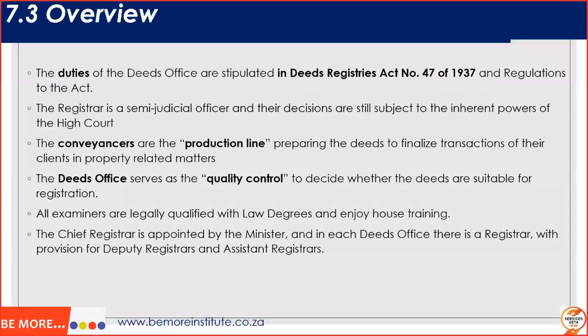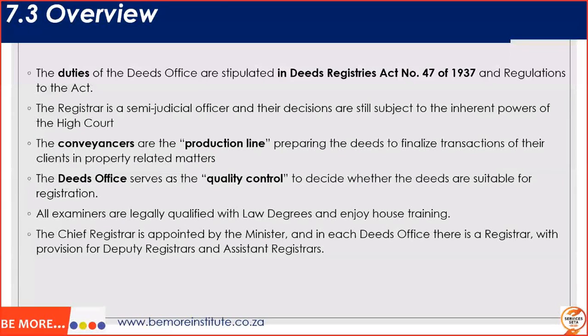The duties of the deeds office are stipulated in the Act as mentioned earlier. The registrar is a semi-judicial office, and their decisions are still subject to the inherent powers of the High Court.